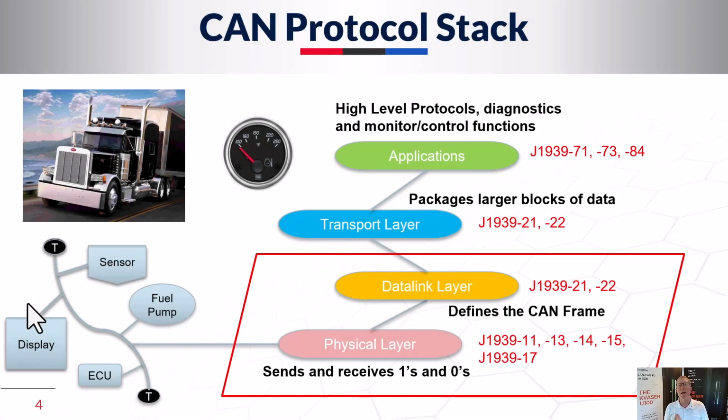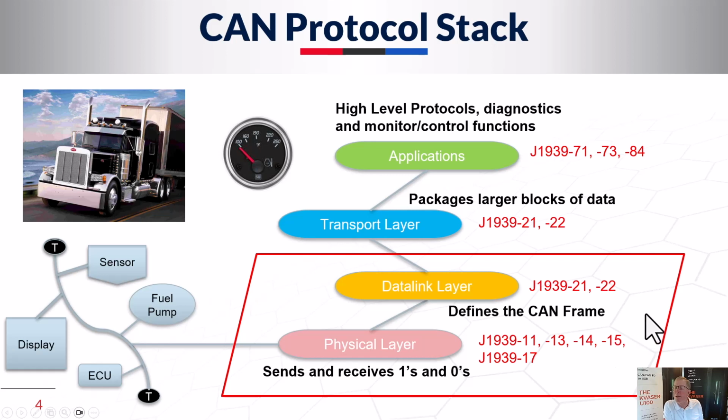So the CAN protocol stack: the physical layer and the data link layer here at the bottom is what Kvaser specializes in, and what we cover with our hardware products, and some J1939 specification examples of the specs that actually cover those portions of the stack. The physical layer's responsibility is to get the ones and zeros across between devices across the network.